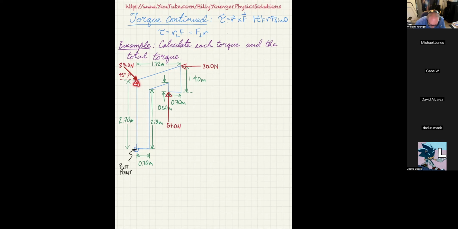So that's your lever arm vector for that particular force. For the 30 Newton force, the lever arm vector is that. And for the 57 Newton force, the lever arm vector is that. So you see, that's what the lever arm vector is.